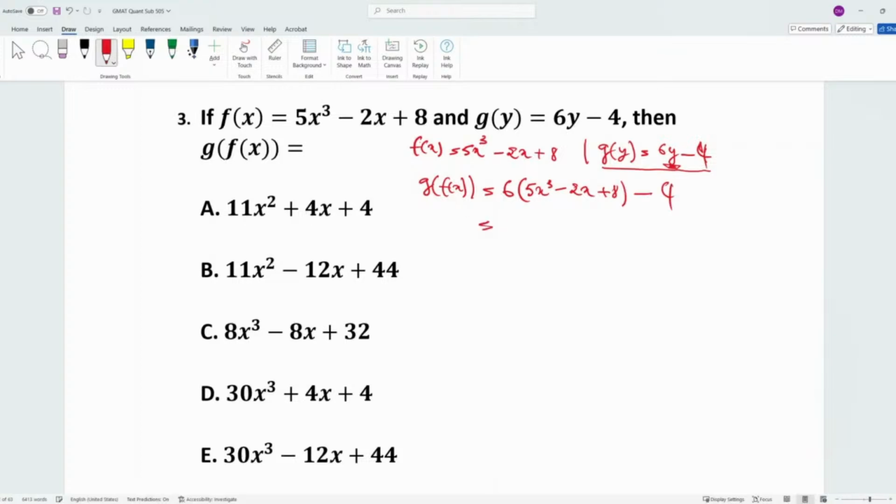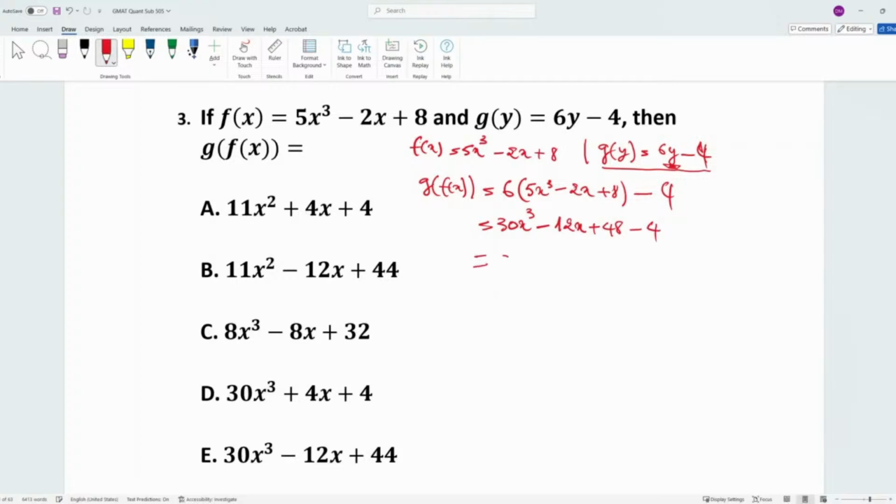So this will give us 6 times 5, 30x to the power 3. 6 times minus 2 here is going to give us minus 12x. And 6 times 8 is 48. And then we have minus 4.